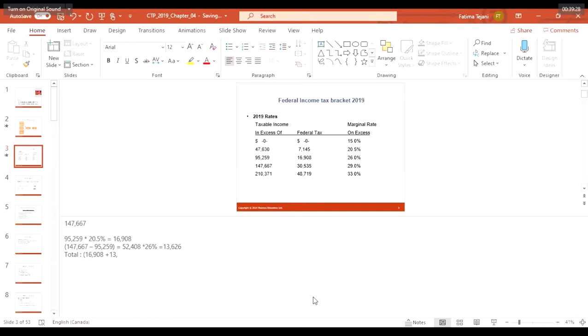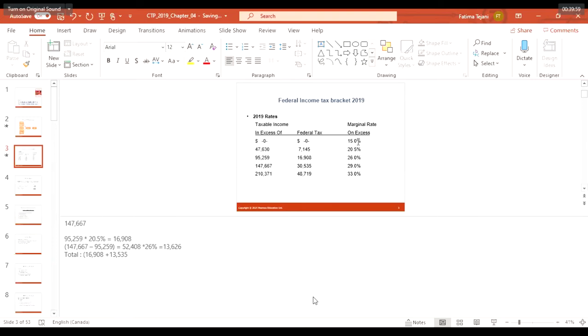Total is 13,626 plus 16,908, so it's going to be 30,535. Round off, yes, because of the previous one.